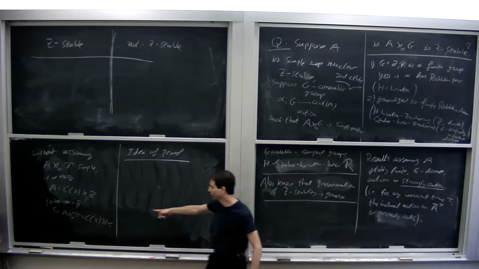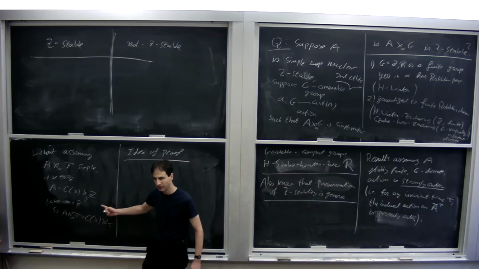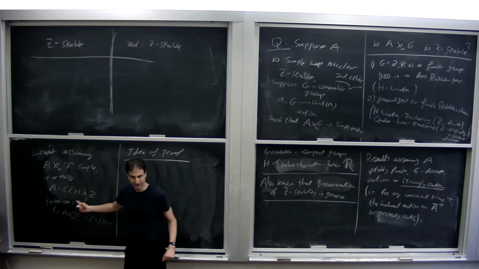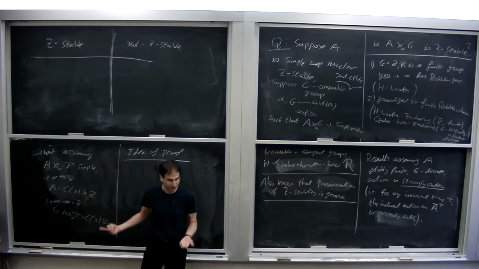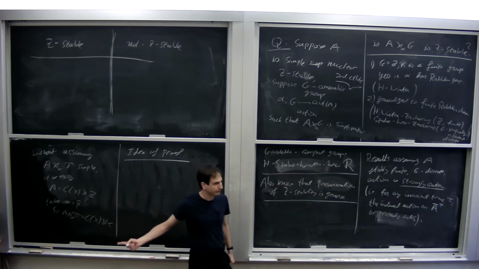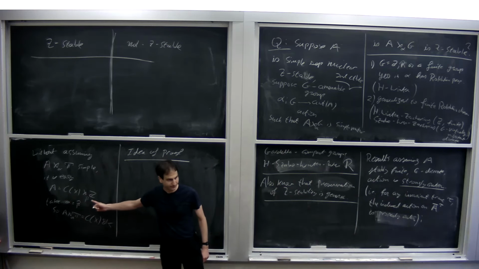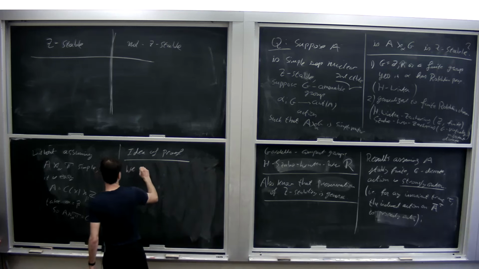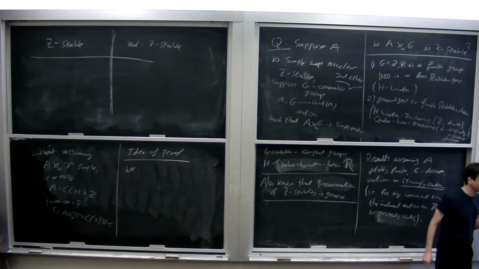If you look at this trivial example, what we started with is an action on C of X. C of X is not Z-stable because it's commutative, right? We form a cross product, which gives us something Z-stable, and then we take the dual action, we get back to something non-Z-stable. But we just need to start with something which is classifiable, right? So we want to replace C of X by something which is simple but not classifiable. So we want to find, right? And at least conceptually, it's a bit easier because it's kind of hard to think about how to make something not Z-stable, right?